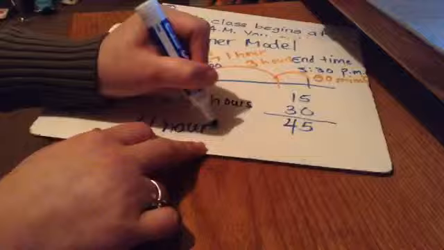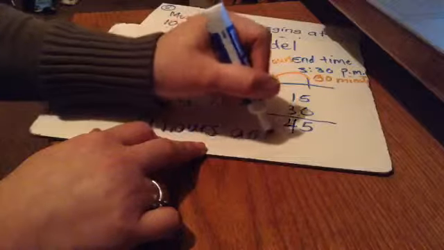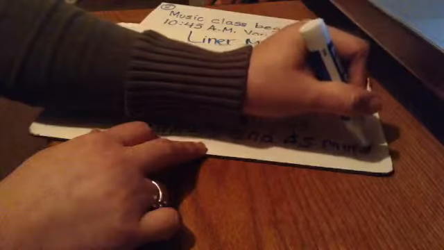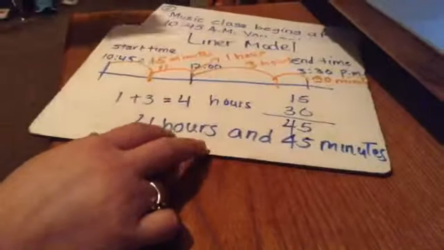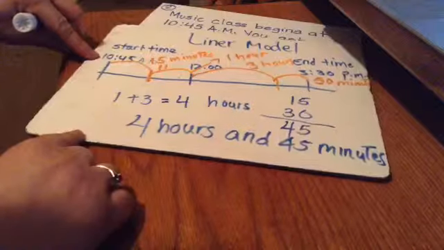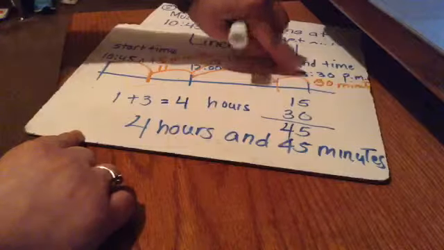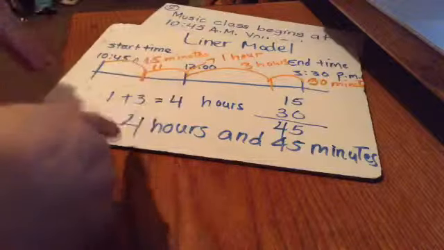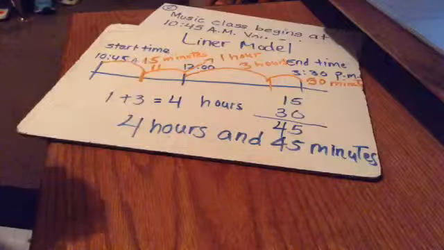Our answer is 4 hours and 45 minutes. So our elapsed time from 10:45 to 3:30 is 4 hours and 45 minutes. So the music class lasts 4 hours and 45 minutes. Okay?